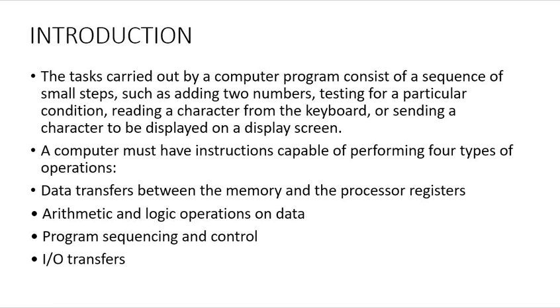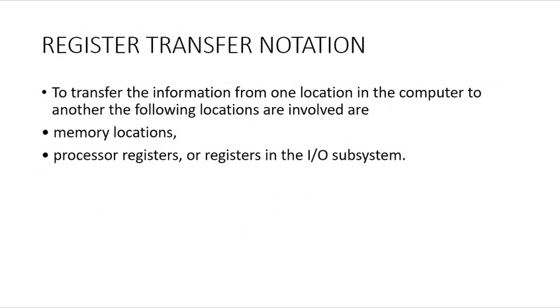There are different types of instruction set notations, like register transfer notation. It is an instruction set notation used by the computer to allocate memory to the control processor, and it can also be used for the IO system.